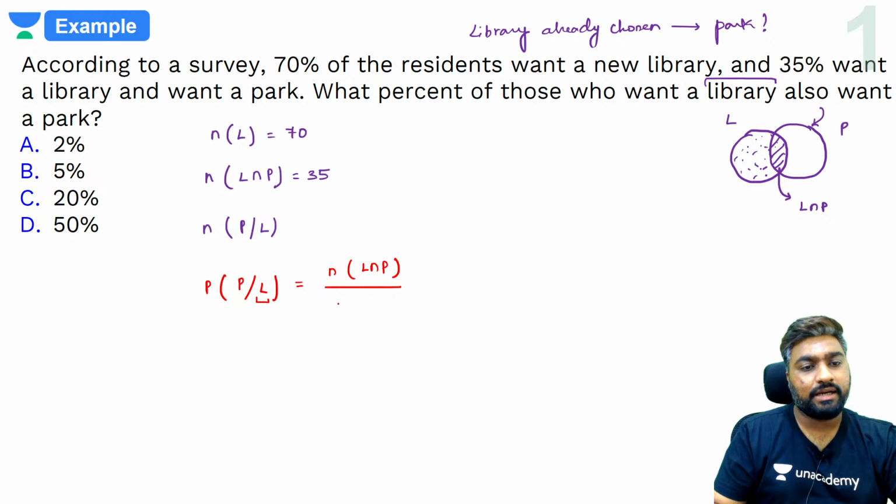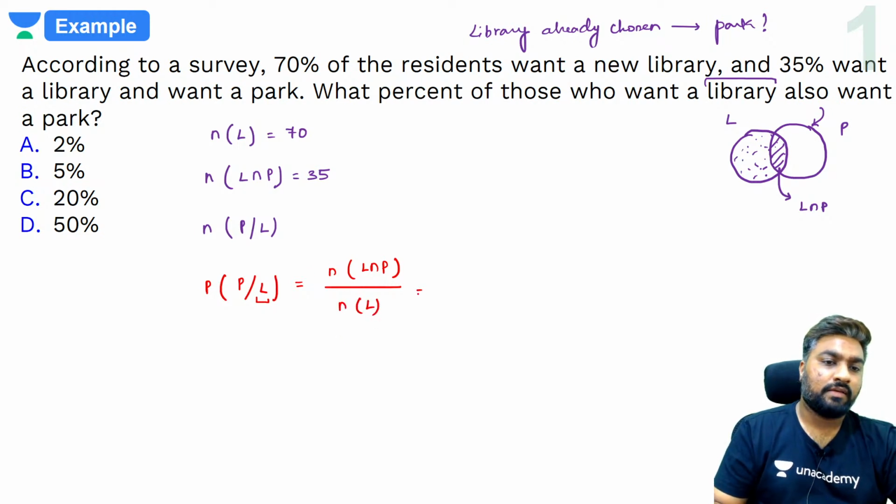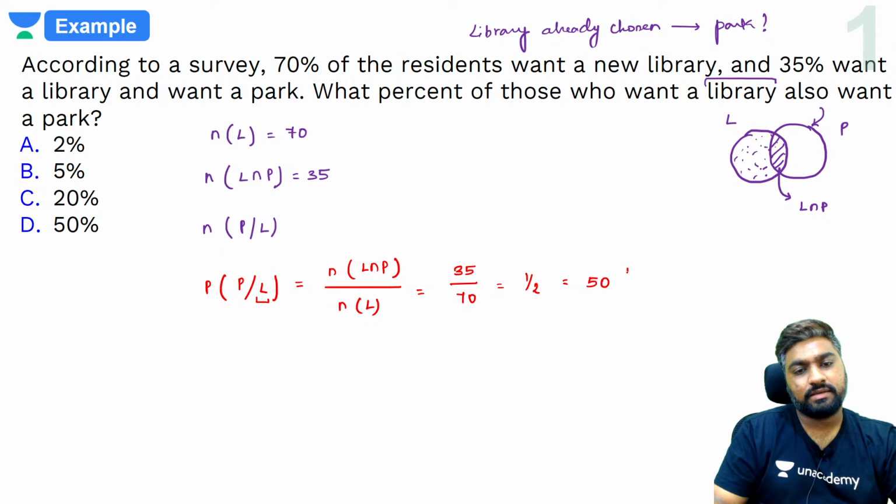Whatever is the completed condition, that will become your denominator. So this is 35 by 70. 35 by 70 is how much? 1 by 2. So 1 by 2 in terms of percentage is how much? 50%. Are you understanding this, guys?